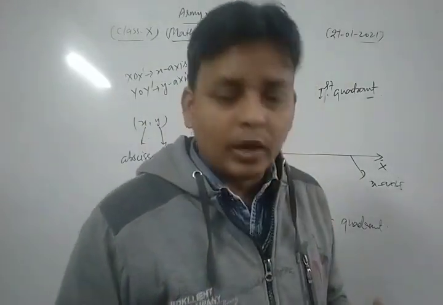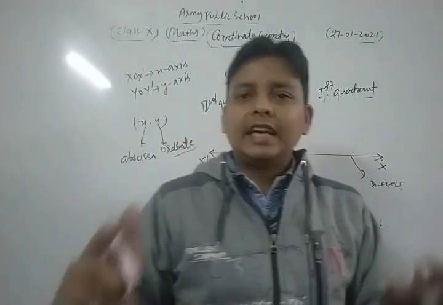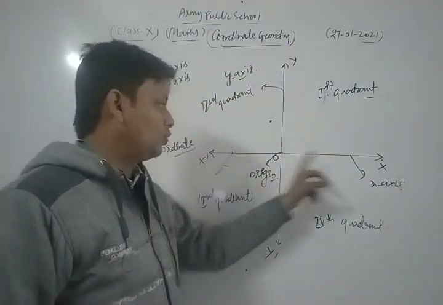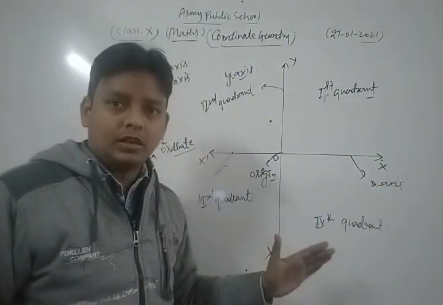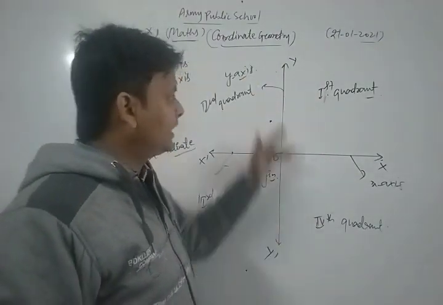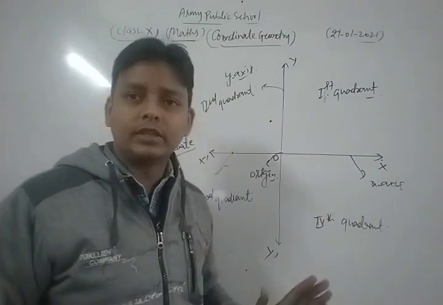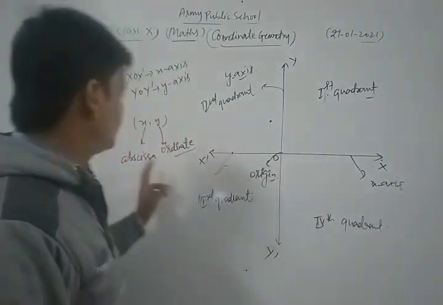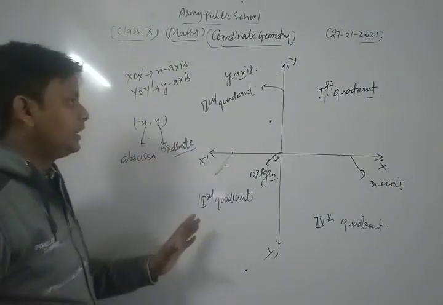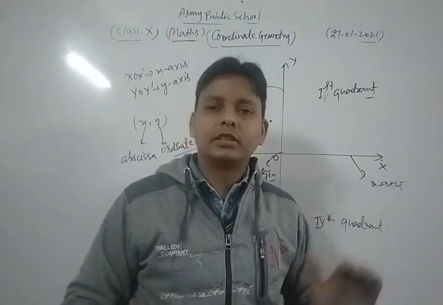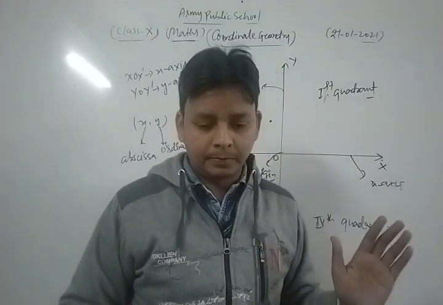The set of all points lying on the x-axis, X dash O X, is known as abscissa, and the set of all points lying on the y-axis, Y O Y dash, is known as ordinate. So any point in coordinate geometry is written in the form of abscissa and ordinate.